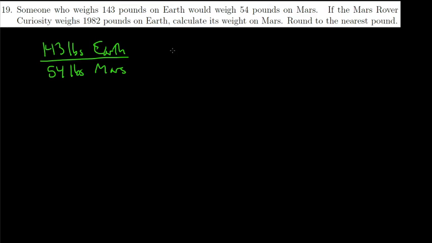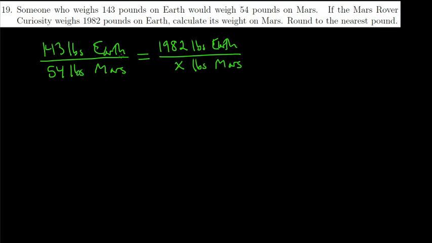Well, the Mars rover, the Curiosity, weighs 1,982 pounds on Earth, and we want to know how much does it weigh on Mars. So that's the unknown, that's x. So it weighs x pounds on Mars.